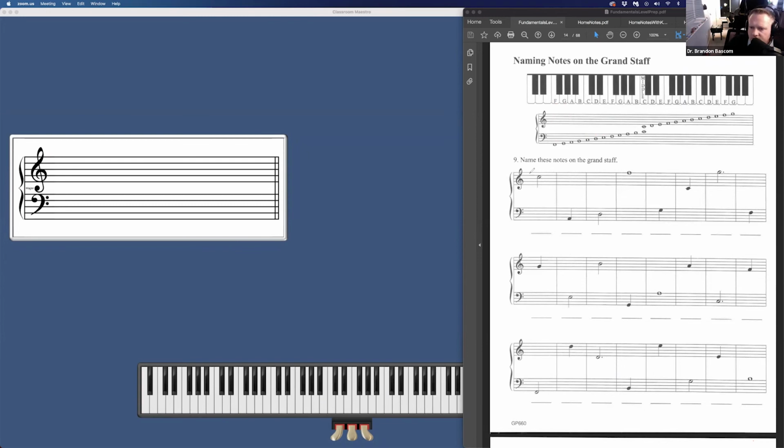So continue to use your home notes. Top space E, skip down, and we get C. You know this one, it's a home note. F clef F, skip down, and we get, so just write the note names in the blanks.